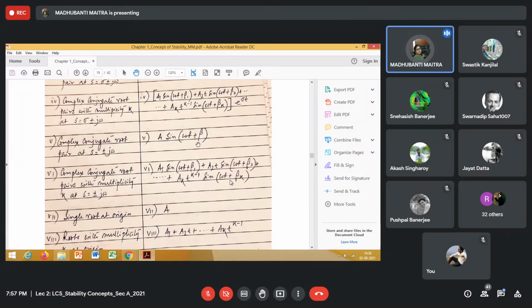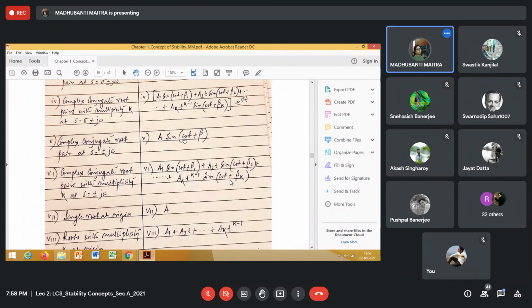That means the output will be an undamped oscillation with constant amplitude A and constant angular frequency omega. Isn't it?